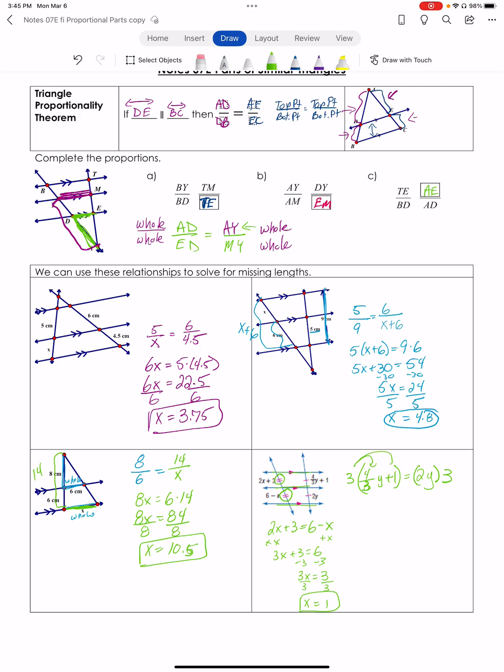Make sure I do distributive property. So the 3 goes here and the 3 goes here. These 3's would divide out. This ends up being 4y plus 3 is equal to 6y. 3 is equal to 2y. y is equal to 3/2. So there we go.